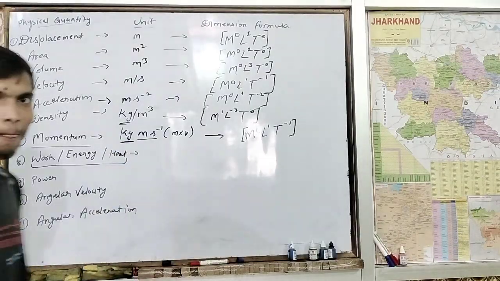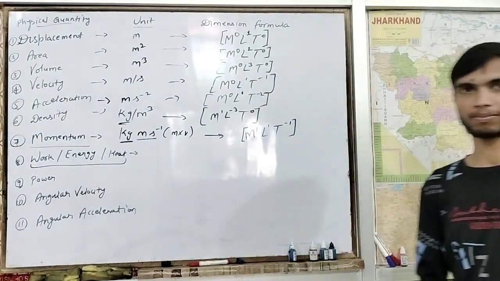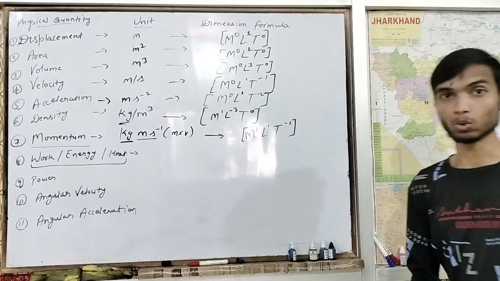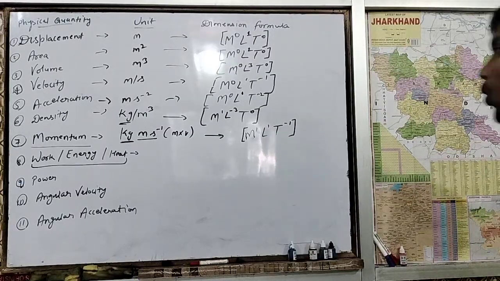Twist is here. What is the unit of work? You would say joule. Joule, kg.